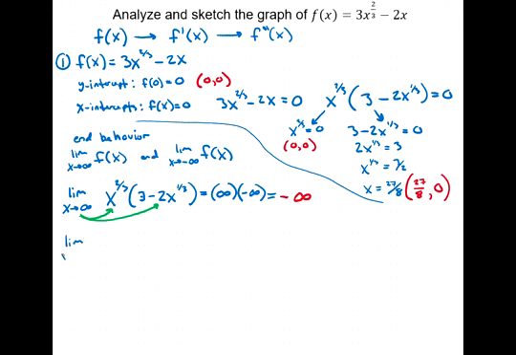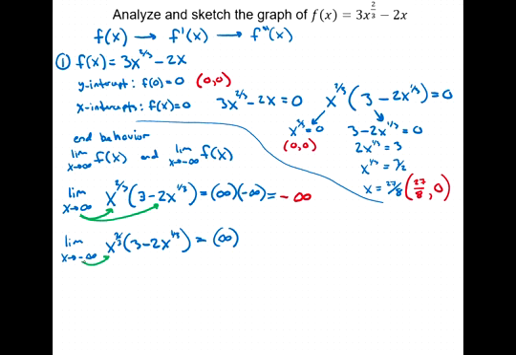And the limit as x goes to negative infinity of x to the 2/3 times 3 minus 2x to the 1/3. As x goes to negative infinity, x to the 2/3, well, we're squaring those values. So they're very, very large negative values that are being squared. So again, that goes to positive infinity.